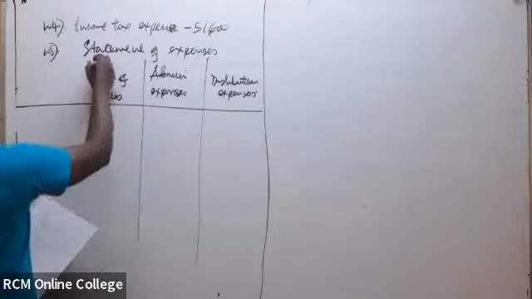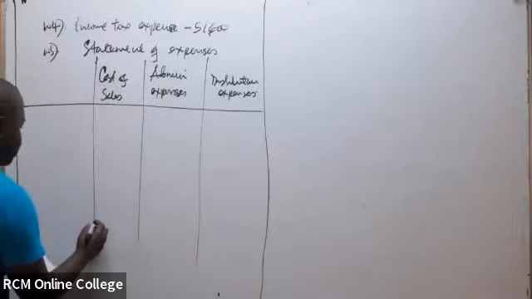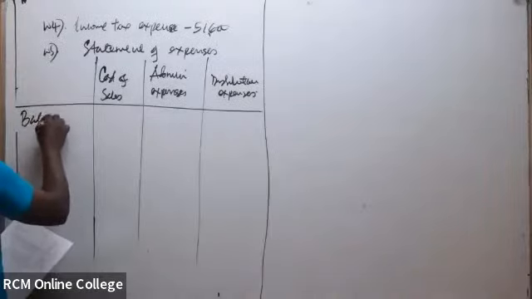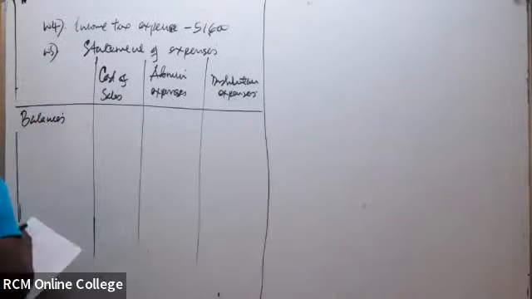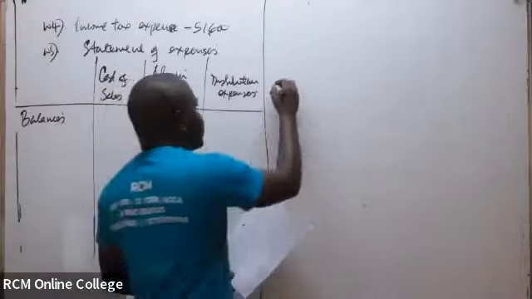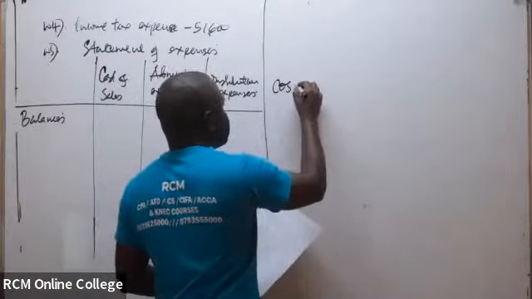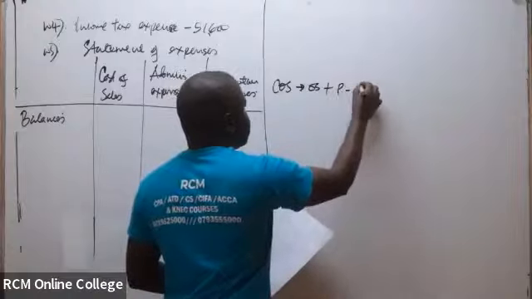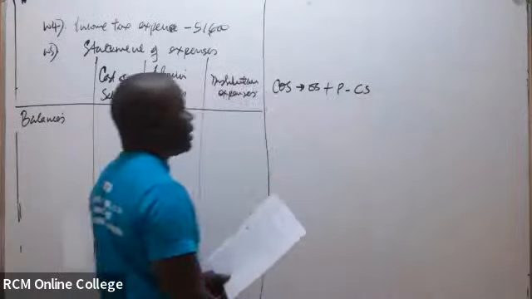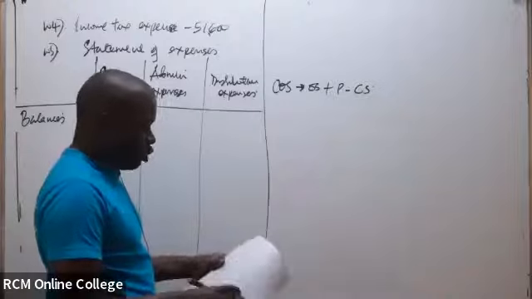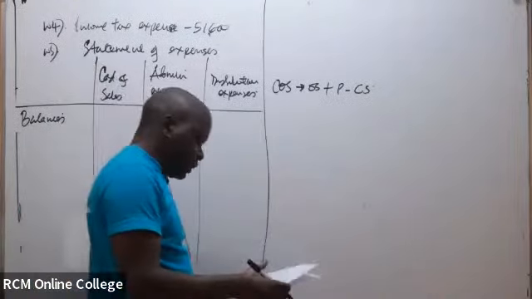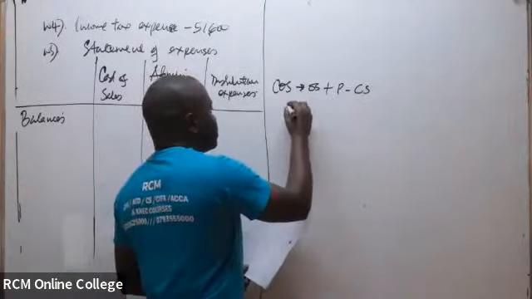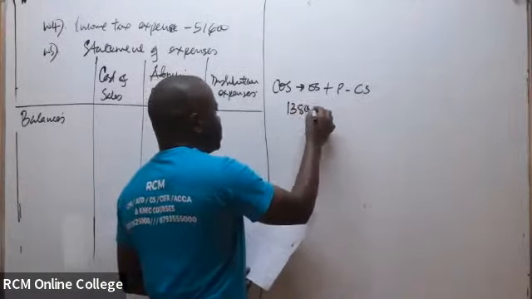So we can start with the balances as per the trial balance. For the cost of sales, we'll have the opening stock plus purchases minus the closing stock. The opening inventory is what you can see in the trial balance, an amount of 138,000.